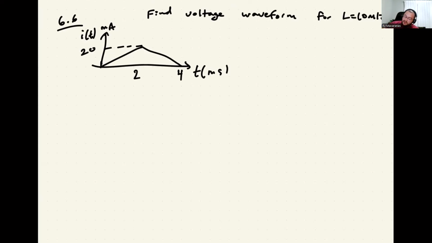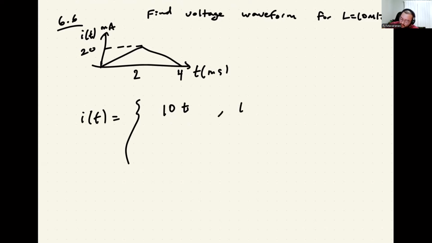And so basically, again, all you would do is figure out an expression for i(t). In this case, I'll just write it out. So they've got it here to be 20 milliamps per 2 milliseconds, right? So again, that's just going to be basically 10t.